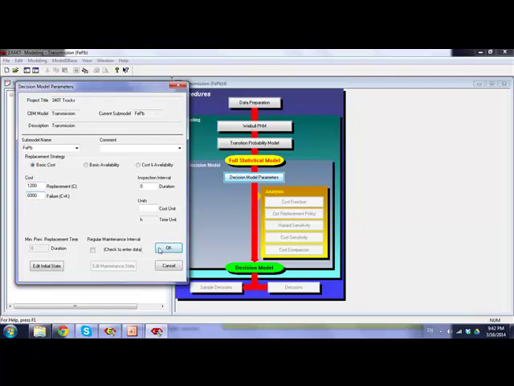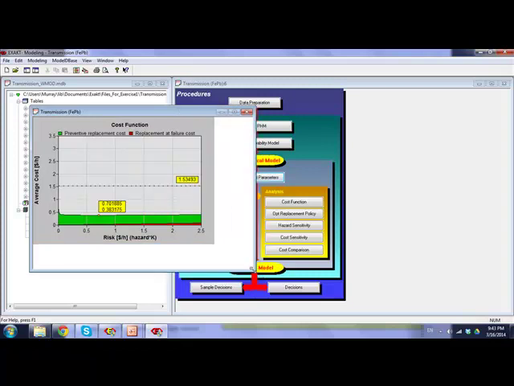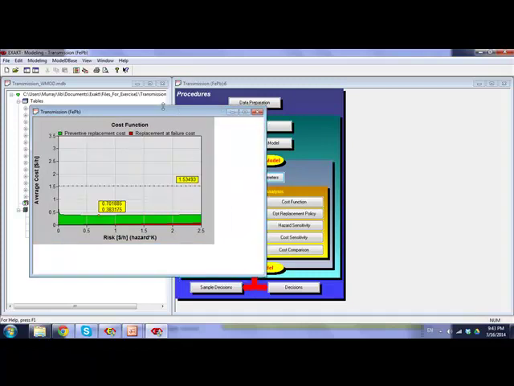The observation interval is 250 hours, and the unit of cost is dollars. We can now examine the model's return of economic benefit. Here we view the calculated cost-risk curve.